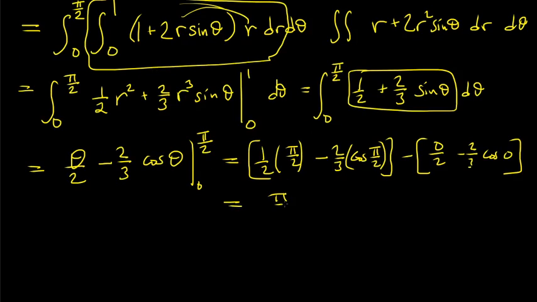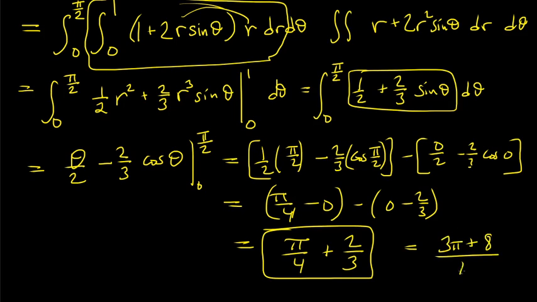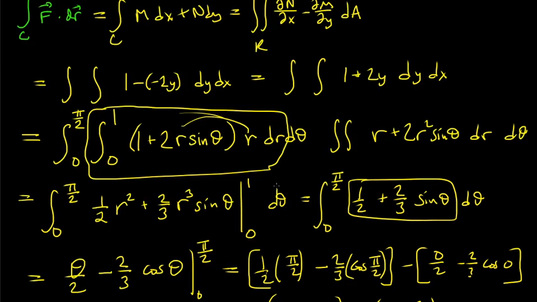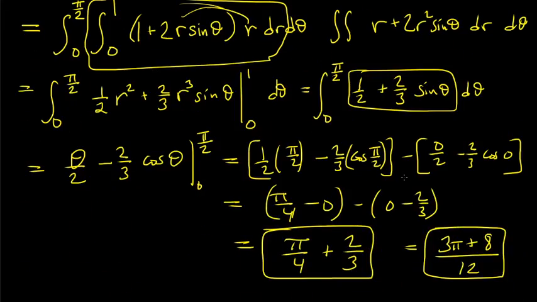So we get pi over 4 minus 0, and then minus 0 minus 2/3. So we get pi over 4 plus 2/3, or if you prefer, 3 pi plus 8 all over 12. And that's the line integral.